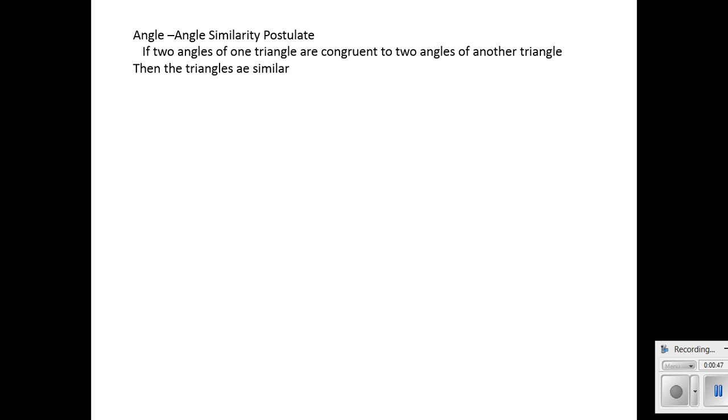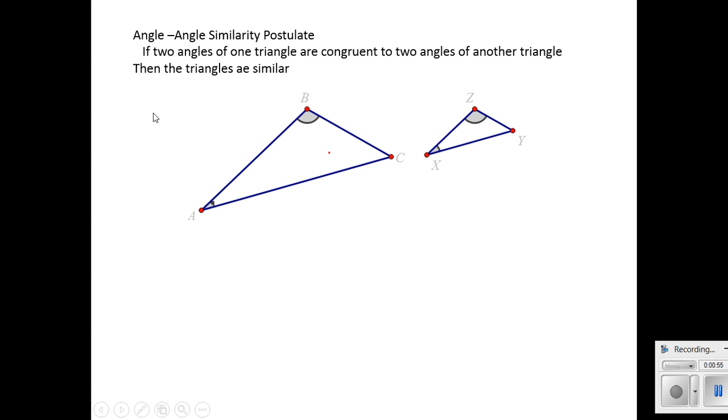All right, this is actually the angle. If any two angles of a triangle are congruent to two angles of another triangle, the triangles are similar. Okay, here's your similarity symbol, and you don't even have to show the third one. Because if two angles are congruent, the third is congruent.